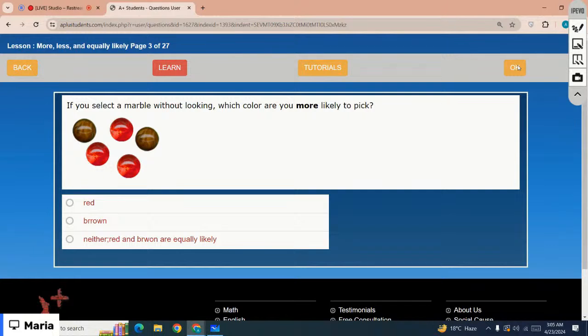If you select a marble without looking, which color are you more likely to pick? Which is the correct option?